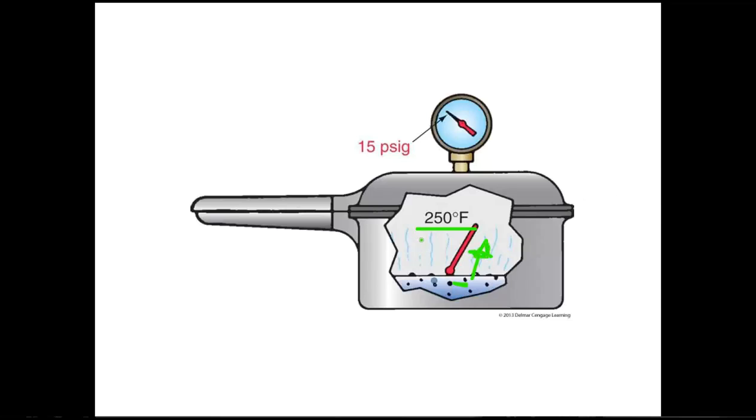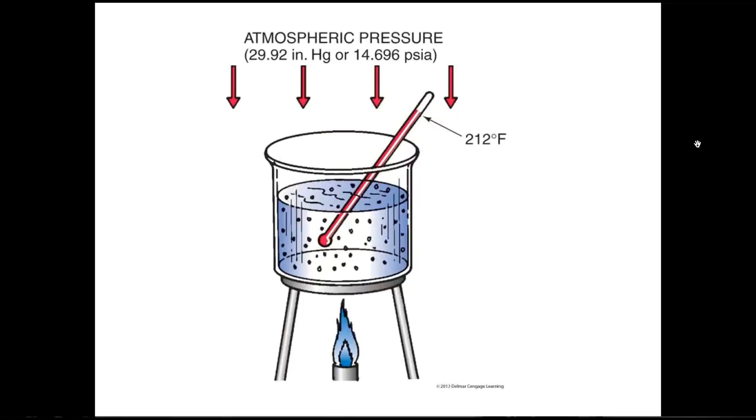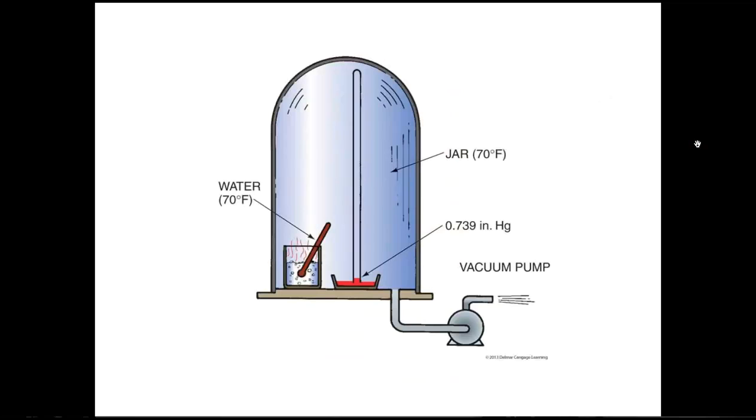And if we remove heat, it's going to change state from vapor to liquid. Okay, and this is just an example. If we have a bell jar and a vacuum pump and back it out, we can make water change state at 70 degrees Fahrenheit.